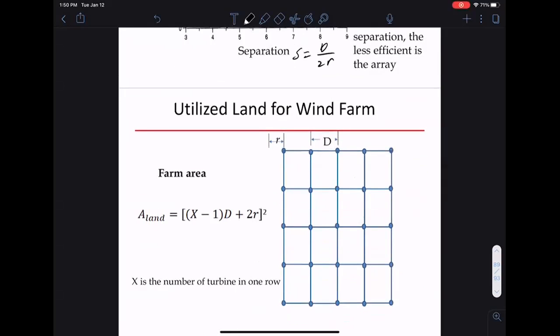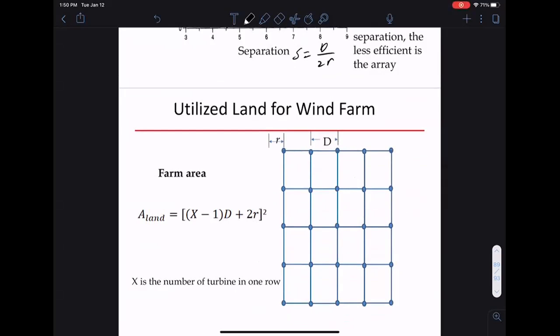Of course, the larger the separation, the more efficient you get. But the larger the separation, the fewer turbines you can install. So the trade-off is you want them to be efficient, but you're also reducing the number of turbines you can put in. So again there is a sweet spot.